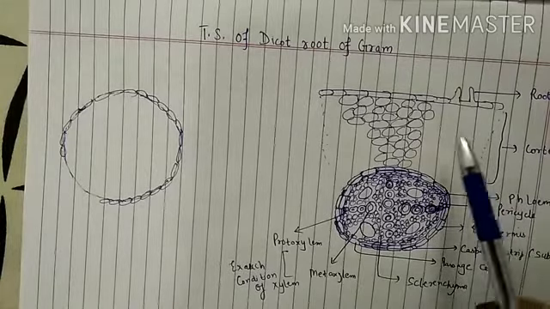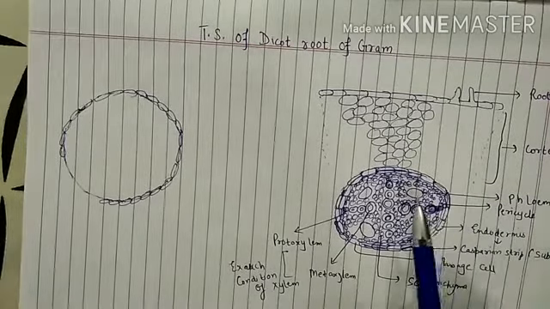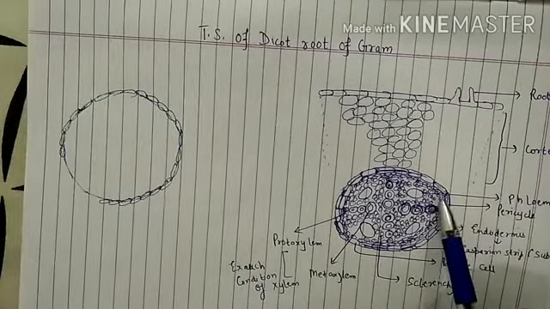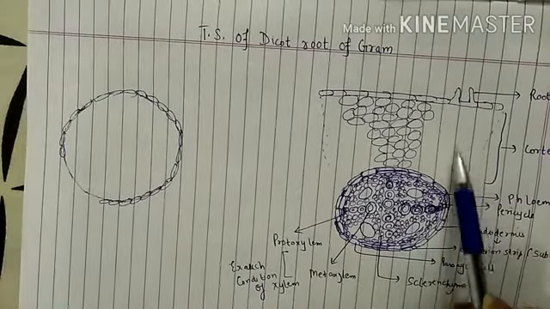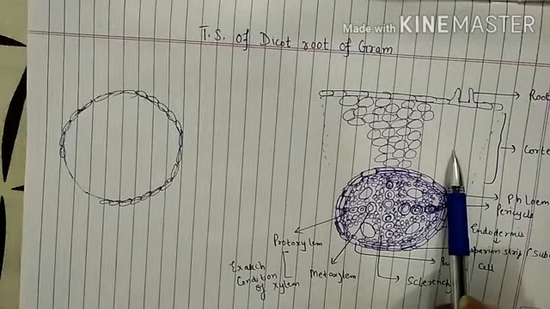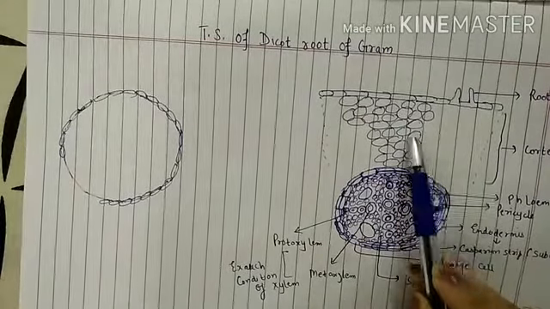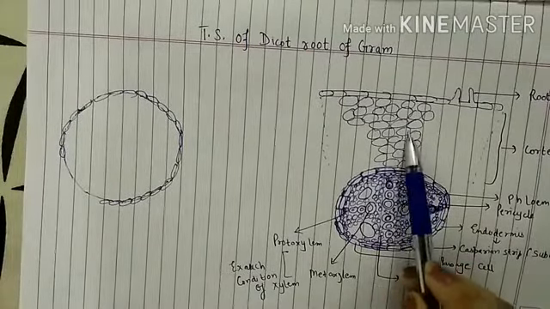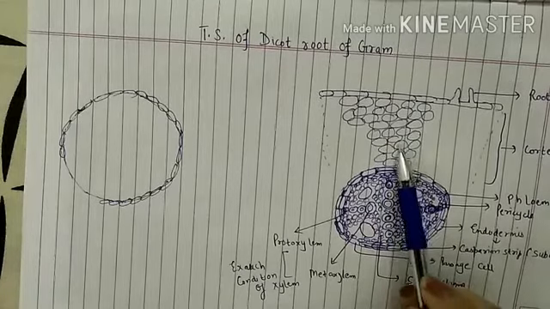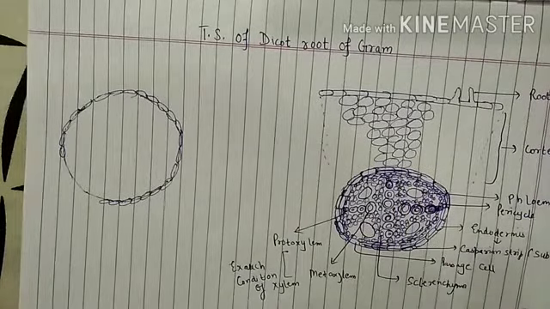Then next to it is cortex, which forms the major part of the root body. So epidermis, then the cortex. Cortex consists of several layers, as you are observing here, of round or oval thin walled parenchyma cells, and here intercellular spaces are present.